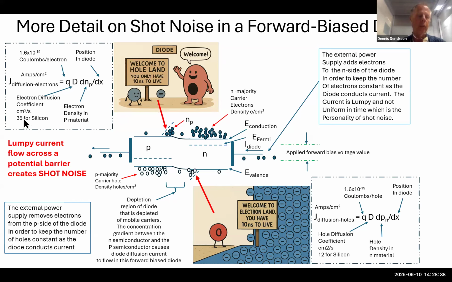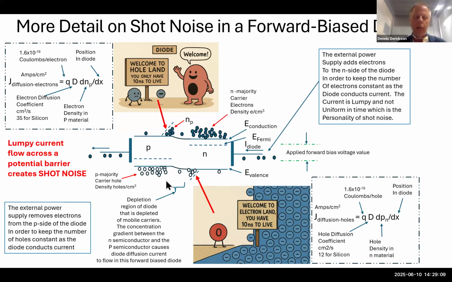A typical value would be 35 for silicon. And then this right here is the slope. How fast does the number of electrons in the P material die off as a function of distance? That slope is really important because that determines how much current is flowing in the diode. So the slope of that line gives you how much current for electrons is flowing in the diode.